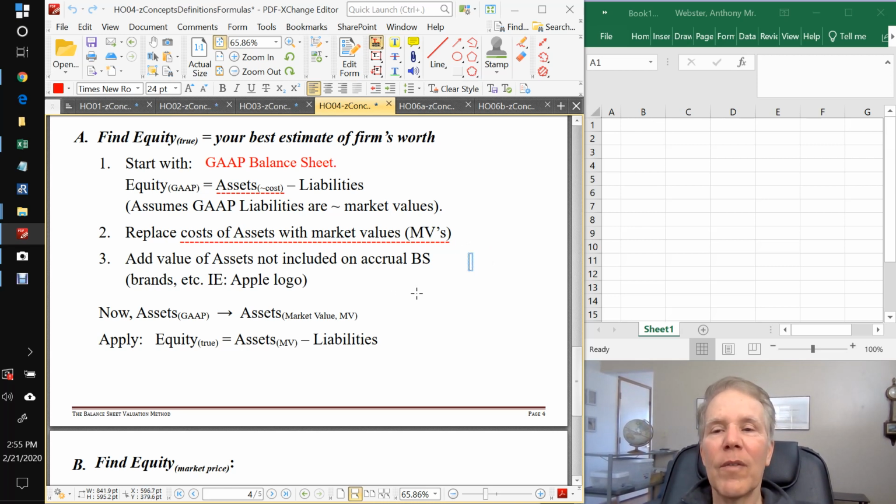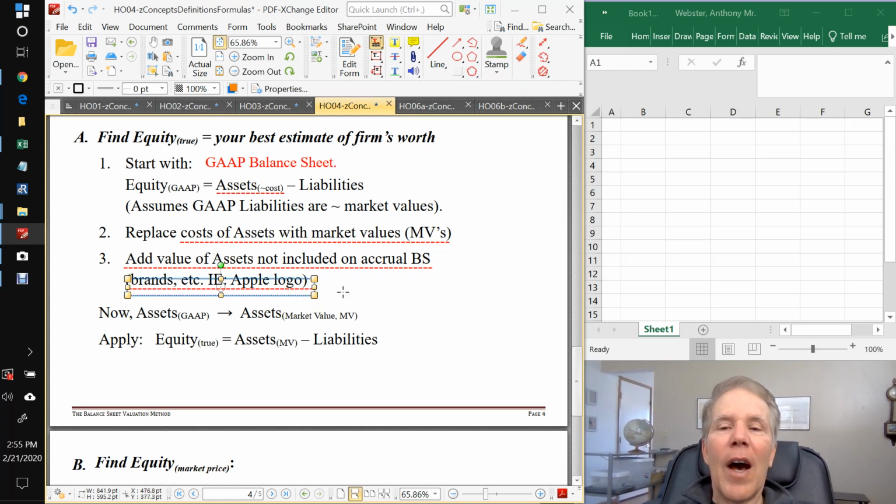all that stuff. And then also we have to recognize that GAAP just completely ignores some assets. And for you, my marketing majors out there, you know what I'm talking about. I hope you have heard in your marketing courses about the extraordinary value of brands, and I hope your profs have complained to you how those are not recognized by GAAP accounting, and they probably should be.